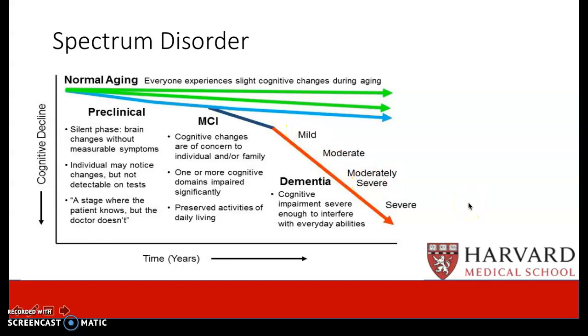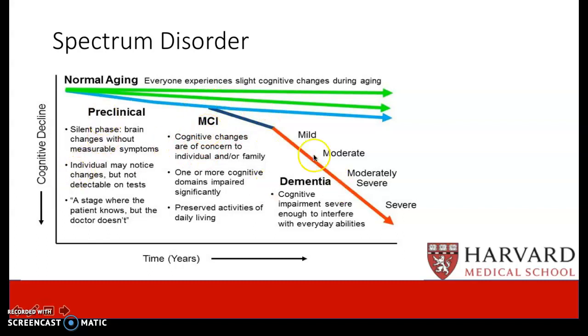It's pretty tricky, and it involves doing MoCAs, looking at brain scans, understanding family history and their overall health, and following them up really regularly because some patients may seem like they're going to get dementia, but then they just kind of stabilize. Other people don't seem like they're going to have dementia, but then they sharply decline. And so there's no way that you could have a crystal ball and figure out who's going to get dementia, but you can watch them closely and try and identify them early.